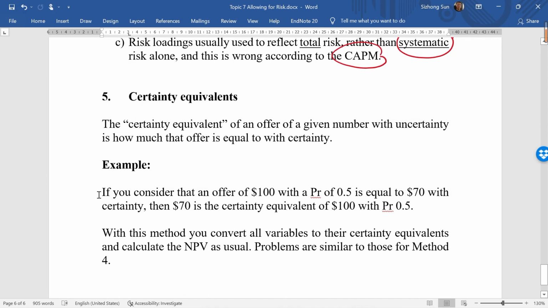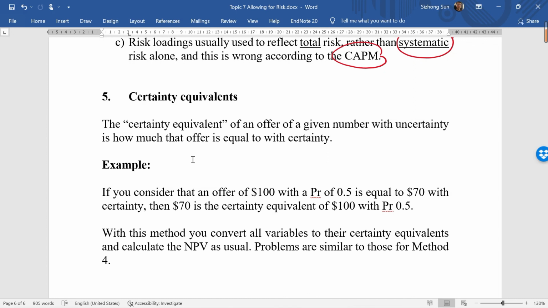For example, consider an offer of $100 with a probability of 50%, which means there's a 50% chance that you will get $100 and a 50% chance you will get $0.